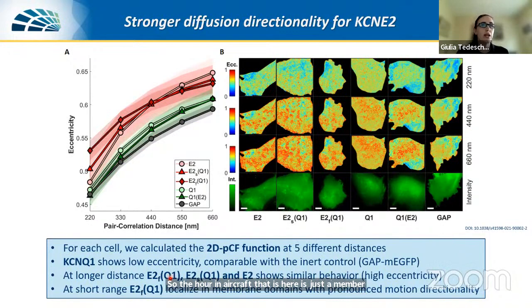Then we observed that at longer distance, the fast and slow E2-bound population and the E2-Q1 population were similar in behavior to E2, with higher eccentricity compared to Q1, while at short range, the fast population of E2 seems to localize in the membrane in regions with more pronounced motion directionality.